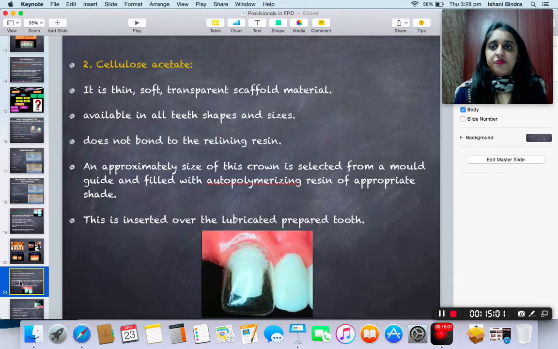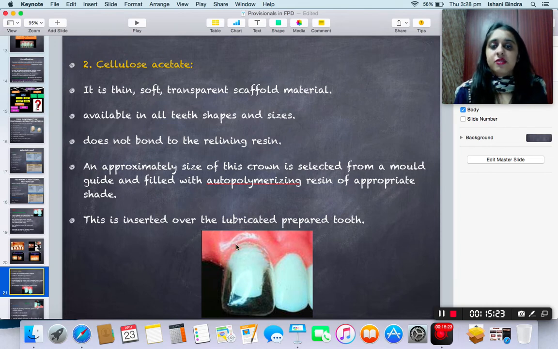This is the process by which we can cement a polycarbonate crown. The next material, which is again resin based, is cellulose acetate. It is a thin, soft, transparent scaffold material, as we can see in this image, again available in different shapes and sizes, but it does not bond to the relining resin. So what do we do? After tooth preparation, again mold selection and size selection.